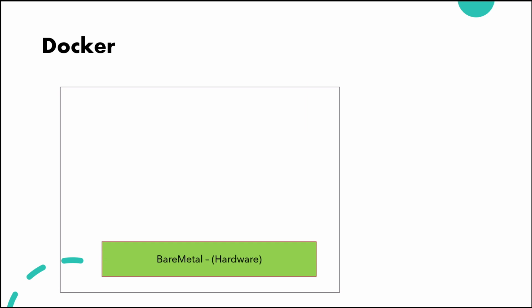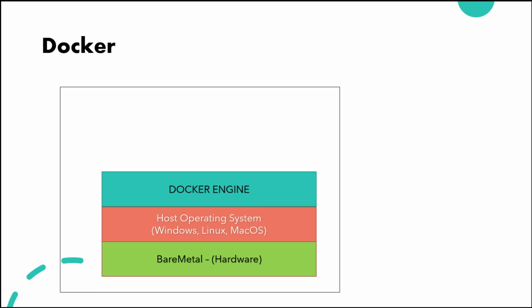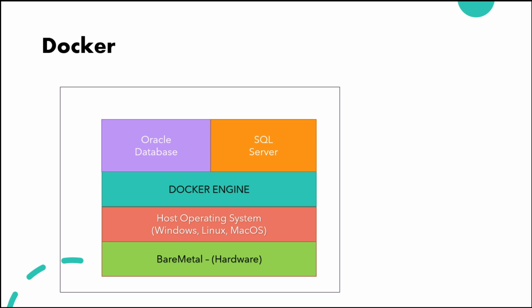And coming to Docker, we have bare metal and host operating system, all these things will be there. On top of the host operating system, you will be installing software called Docker Engine. On top of Docker Engine, you will be installing Oracle database and also SQL Server. There is no need of an operating system while using Docker Engine.